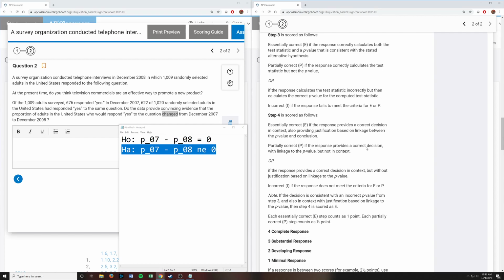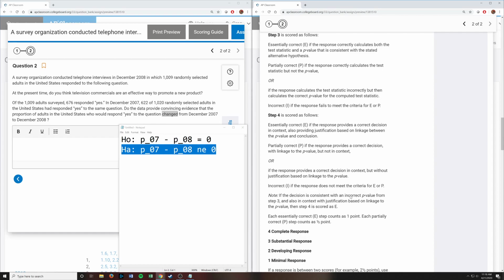Partially correct, if your decision is correct, you reject the null hypothesis, and you link it to the p-value, but you don't put any context. Or if you give the correct decision in context, but you don't link it to the p-value. That's why I always say remember to put the p-value in there. With a p-value of blah, we reject the null hypothesis. That means we have evidence, blah, blah, blah. Incorrect if you don't do any of that.